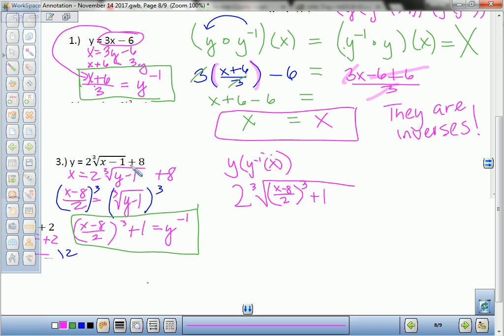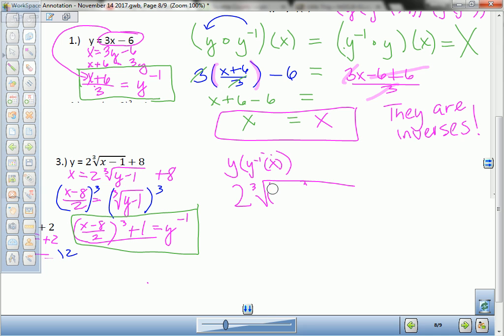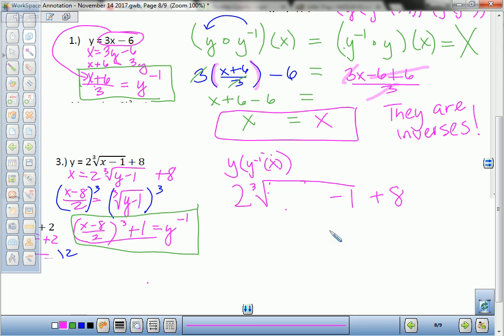No, this is plus 1. Let me change the color of this. All right, so that's the original function. Let me change the color of what I'm plugging in so we can see it. It was too much pink earlier. All right, so this gets plugged in right there.